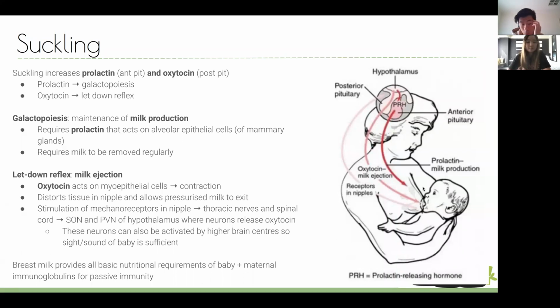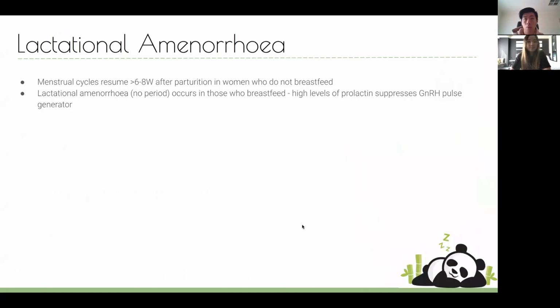And breast milk provides all the basic nutritional requirements of a baby and maternal immunoglobulins for passive immunity. Lactational amenorrhea is literally just referring to the period while breastfeeding where women won't menstruate.